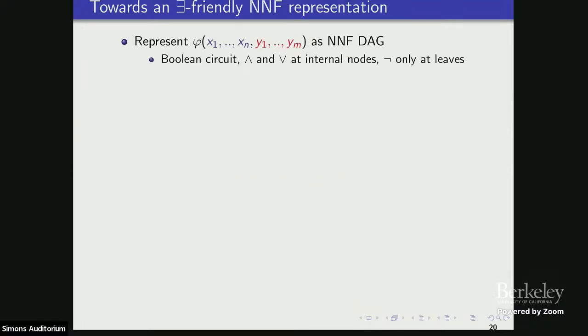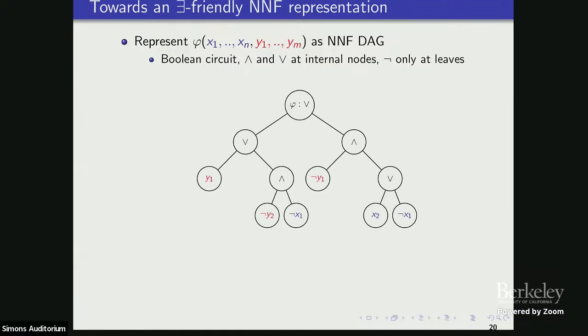It's not a new form, it's just a transformation, an existential quantification friendly representation. So what we do is we take the NNF circuit as a DAG. Let's say it's like this. All the negations are at the leaves. The inner nodes are only ANDs and ORs.